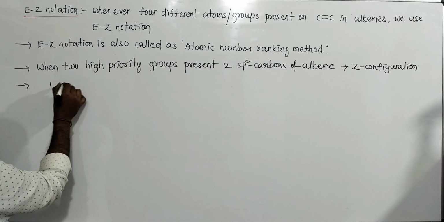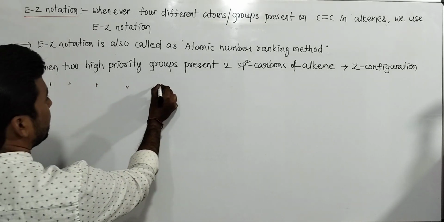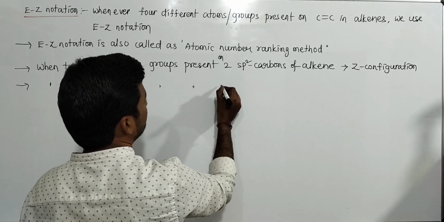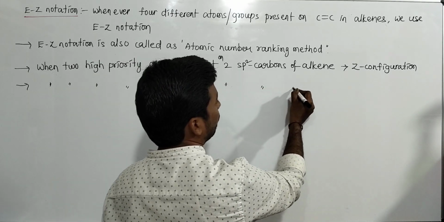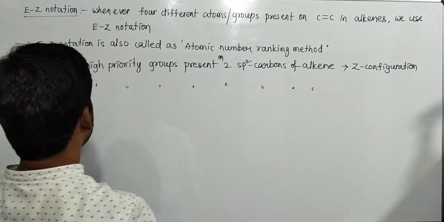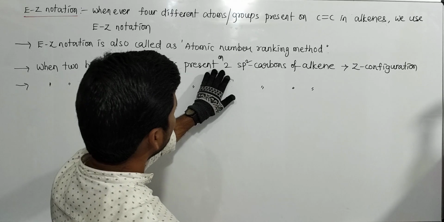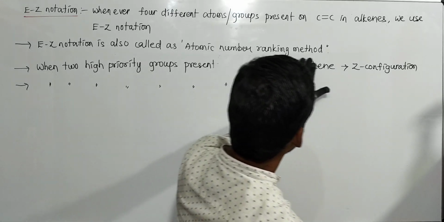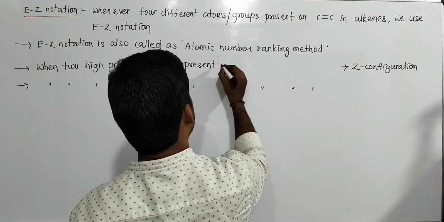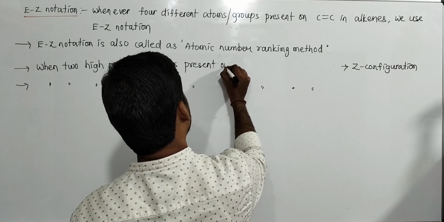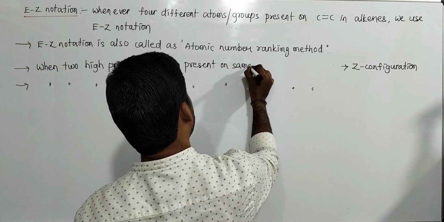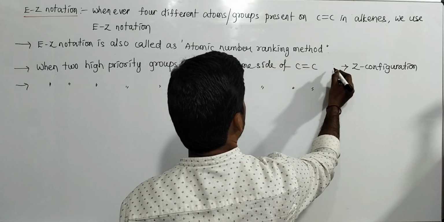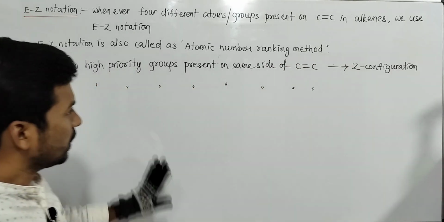When 2 high priority groups are present on the 2 sp2 carbons of the alkene, on the same side of the carbon-carbon double bond, that is called Z configuration.